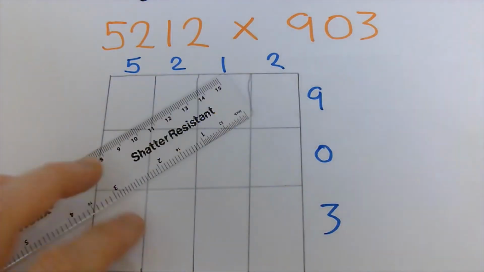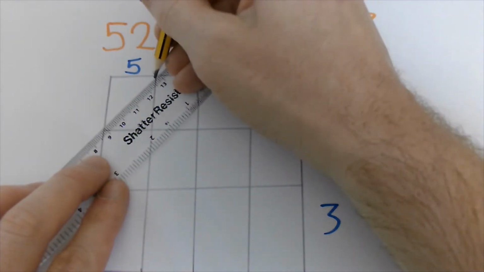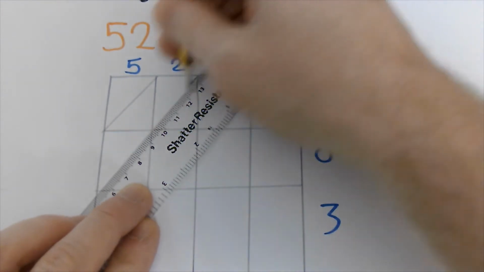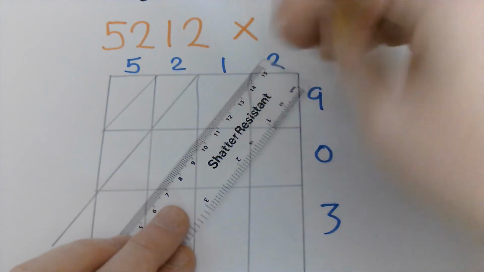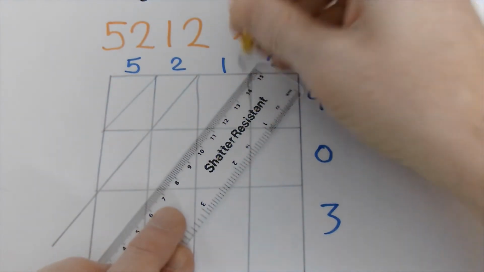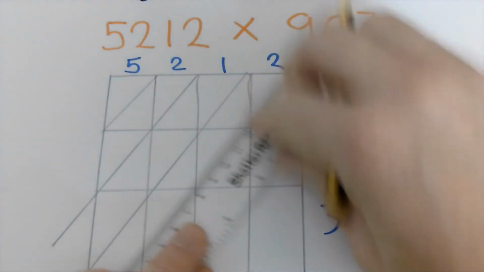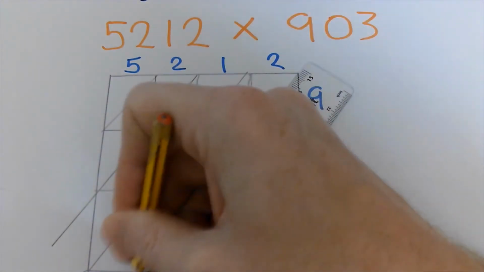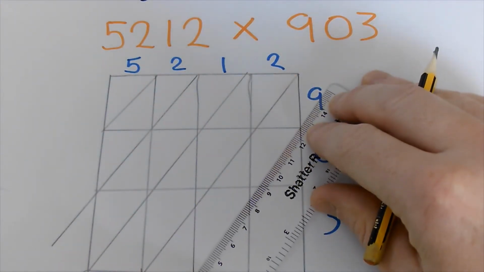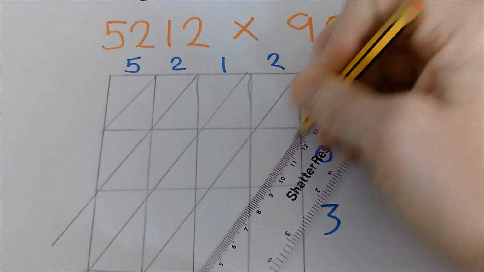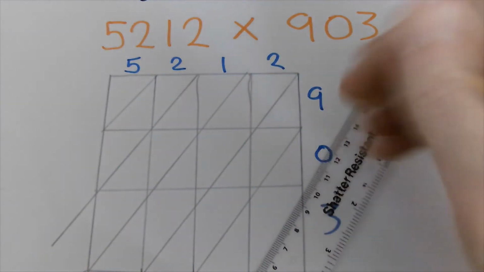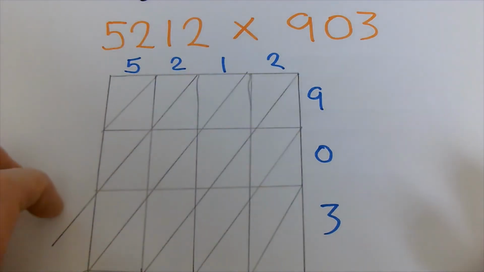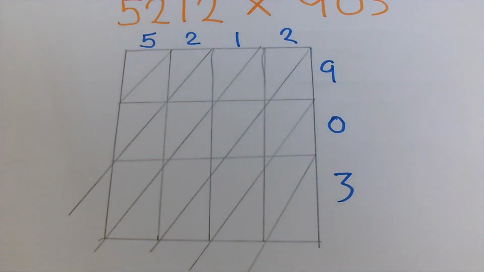Once again, we have to cut these boxes in half diagonally. But once you've drawn the table, it follows the exact same method as before.